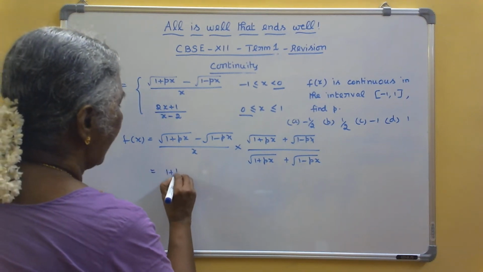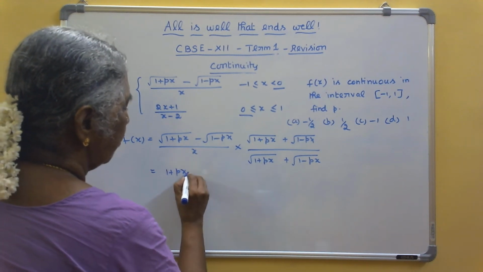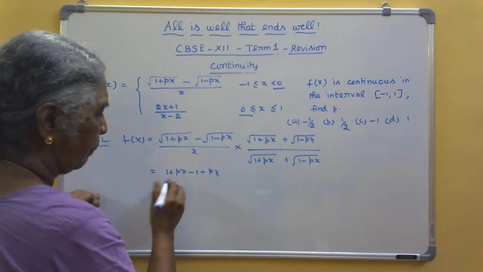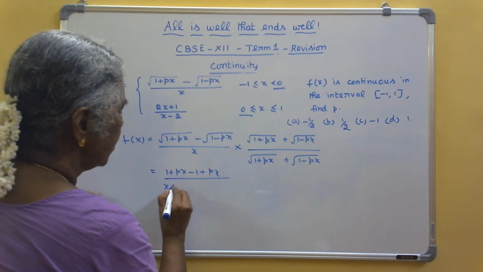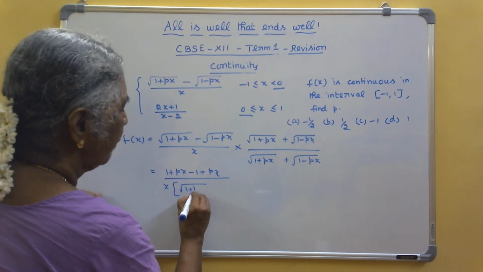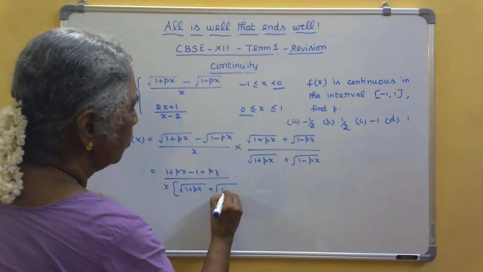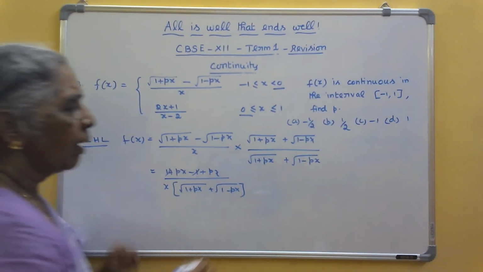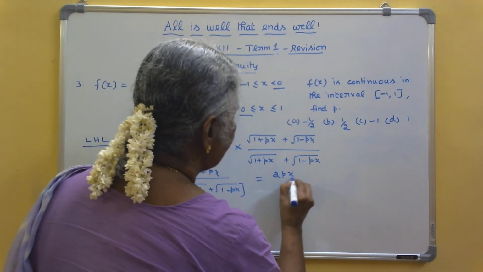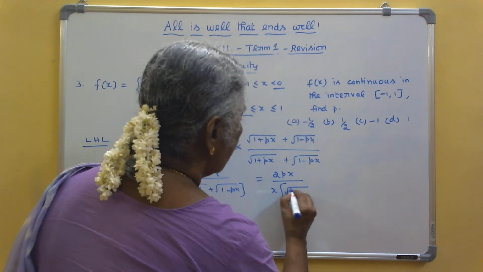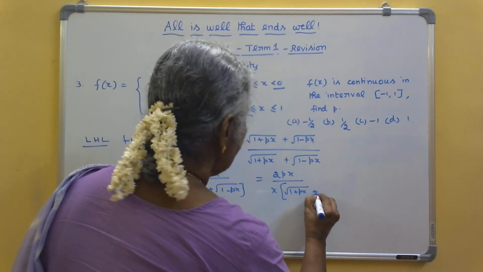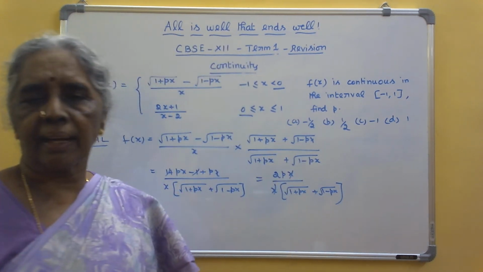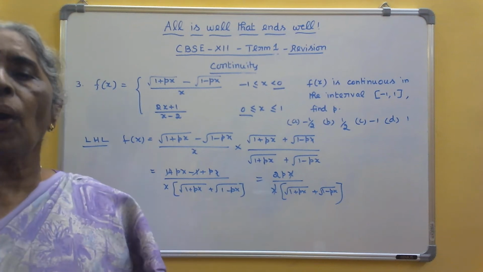So the root will go, I will get 1 plus px, then minus (1 minus px), that will become like this. The denominator, no change, it will be x into (root of 1 plus px plus root of 1 minus px). Now this 1 and this 1 will go, I will be getting 2px by x into (root of 1 plus px plus root of 1 minus px). Now this x and this x will get cut. So this is my f of x for the LHL.